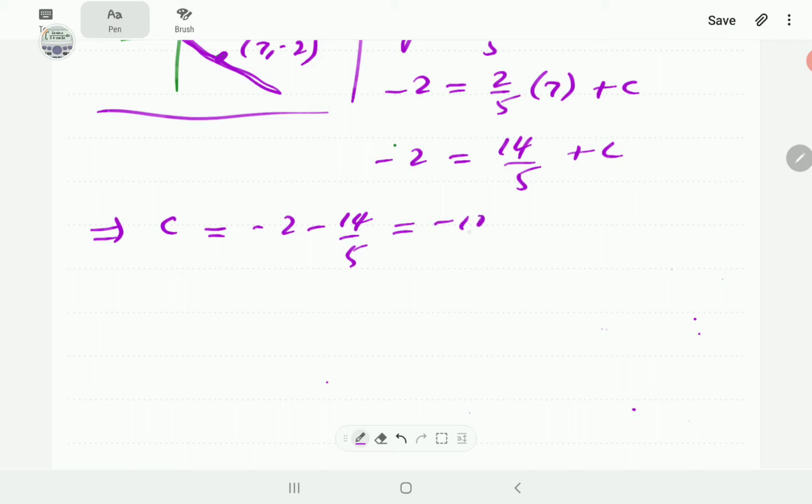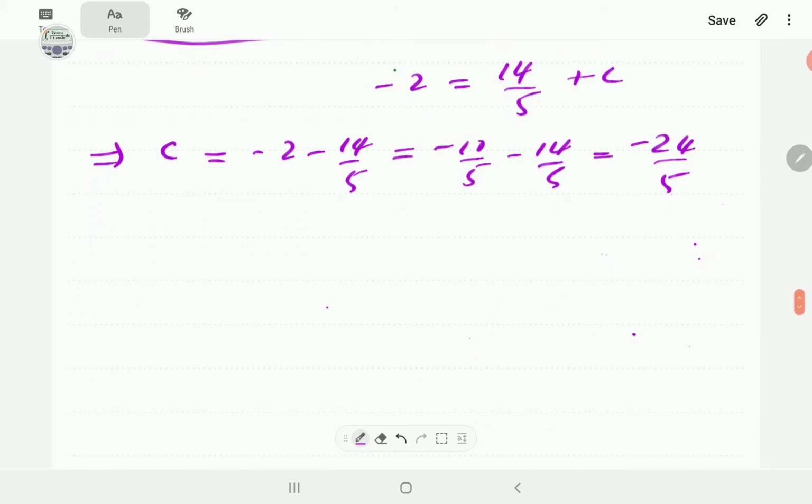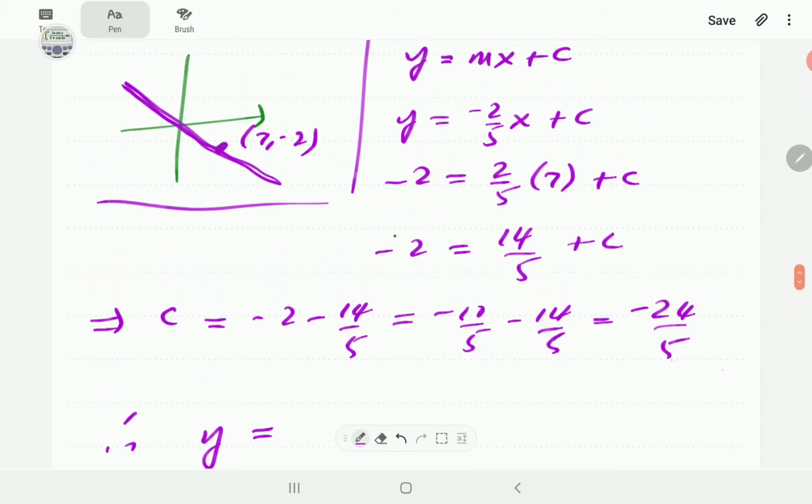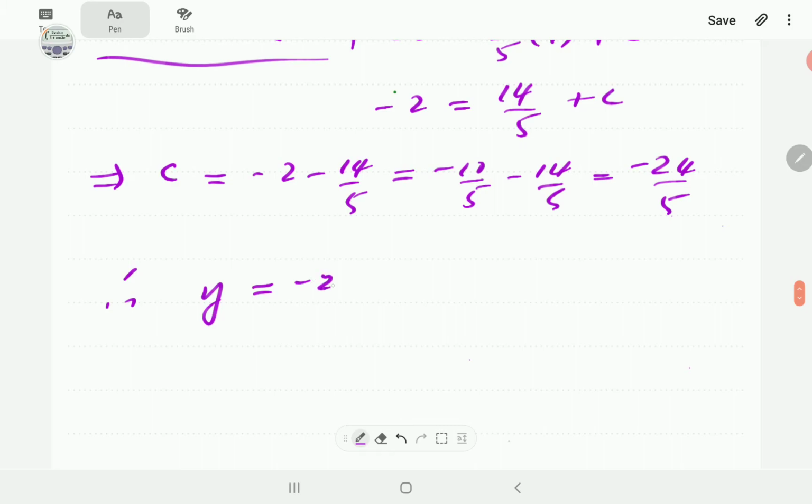So that's going to be minus 10 over 5 minus 14 over 5. So this is minus 24 over 5. So that is c. So then we can now write our equation. Y is equal to minus 2 over 5 x minus 24 over 5.